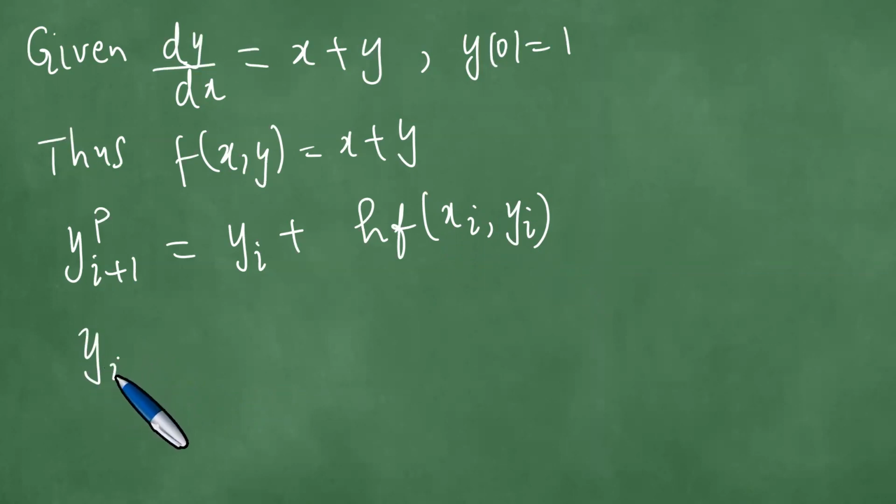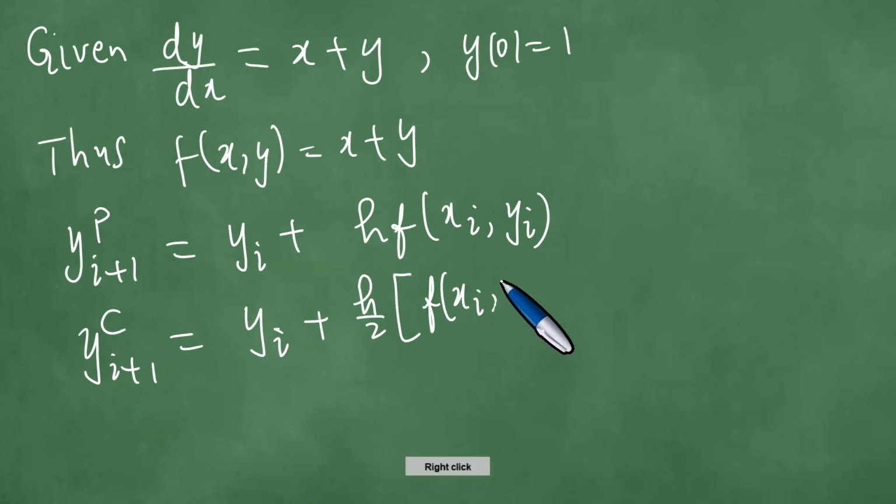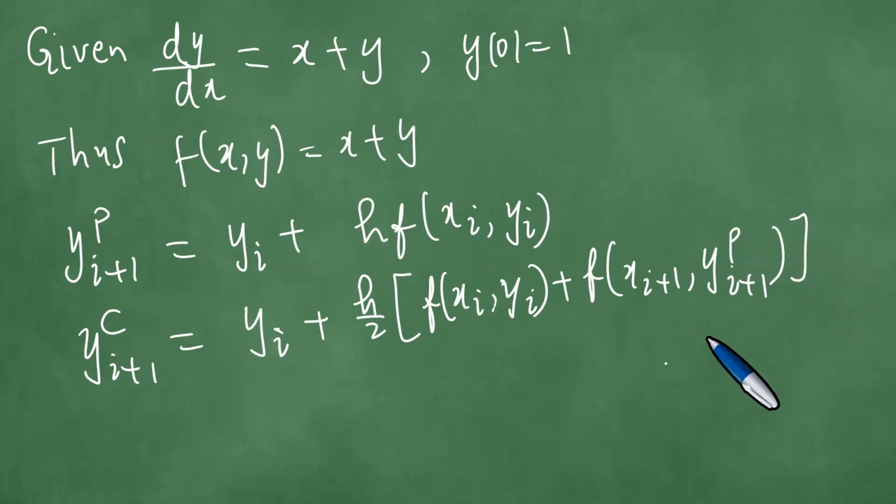But having the predictor formula, we also have the corrector formula, which is this one here, with h over 2, and then f(xi, yi). We take the average with f(xi+1, yi+1 predictor), and we close like this. So these are the predictor and corrector formulae that we're going to use.